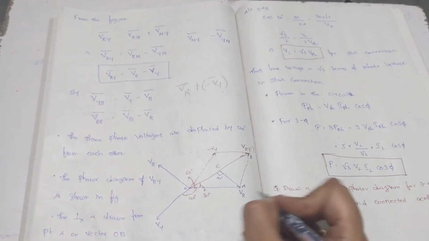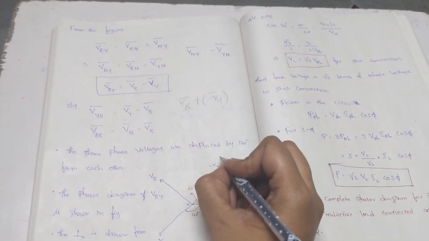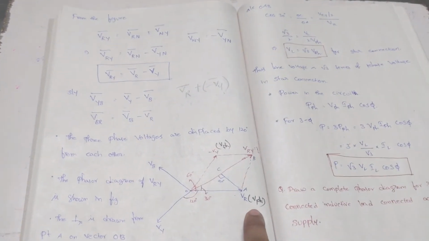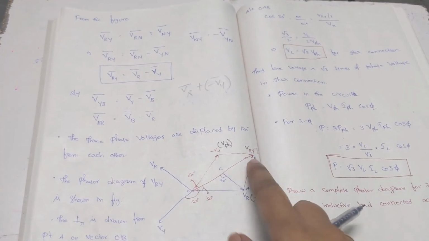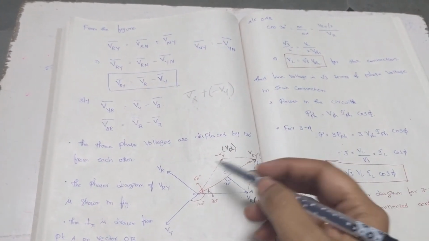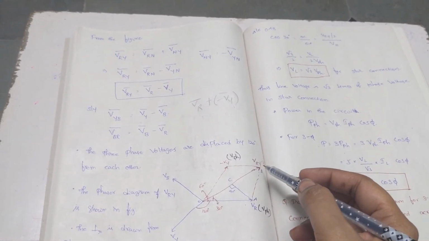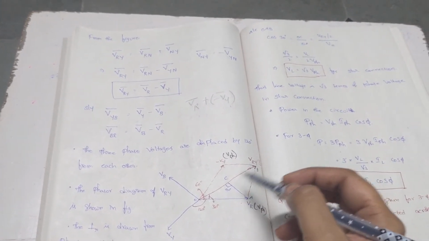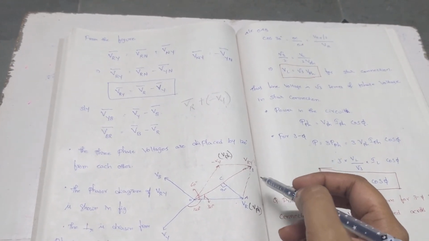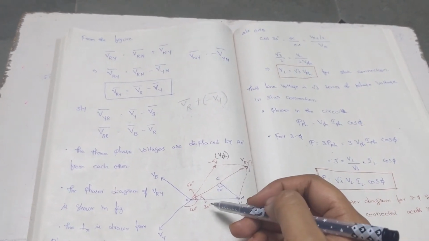These are your phase voltages: VY, minus VY and VR. I think up to this point it is clear. So the resultant vector VRY is the line voltage, and the angle between the line voltage and phase voltage is 30 degrees.